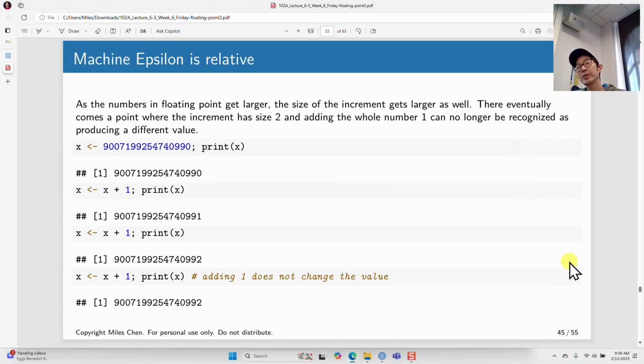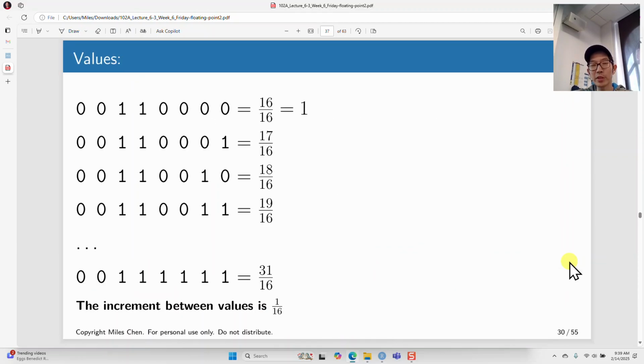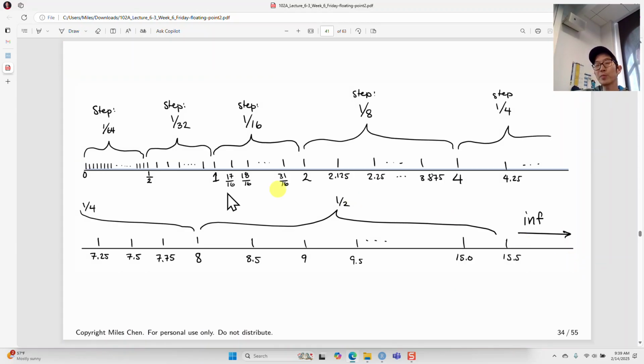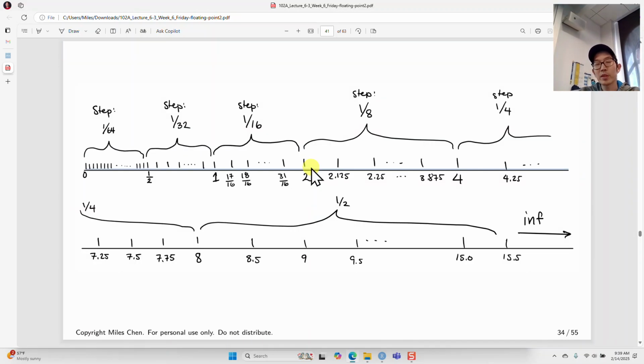What has happened is we have reached a point. Remember what our number line looks like. In our miniature floating point system, we started off counting at 64ths, then at a certain point our step size grew to 32nds, then 16ths, then 8ths. The same kind of thing happens with double precision floating point.